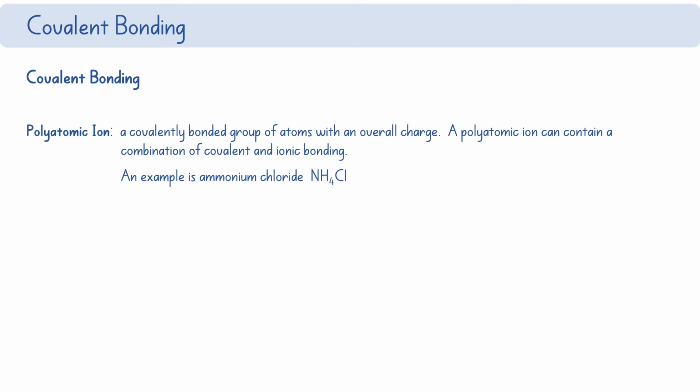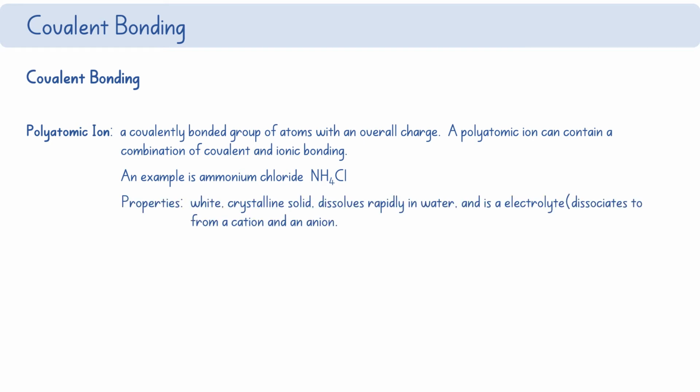So an example is ammonium chloride, NH4Cl. Now, if you were to examine this, its properties would be that it's a white crystalline solid.